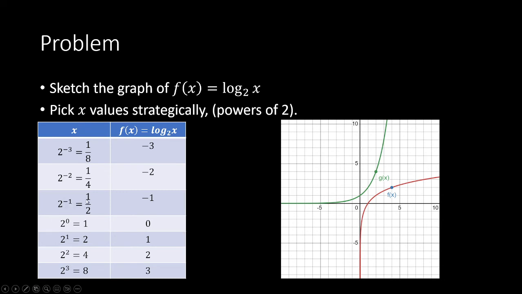Negative 1, 1 half. 2 to the 0 is 1. 2 to the 1 is 2. 2 to the 2 is 4. 2 to the 3 is 8. And you just graph it. This red line is f of x, and g of x is the inverse of the exponential function.